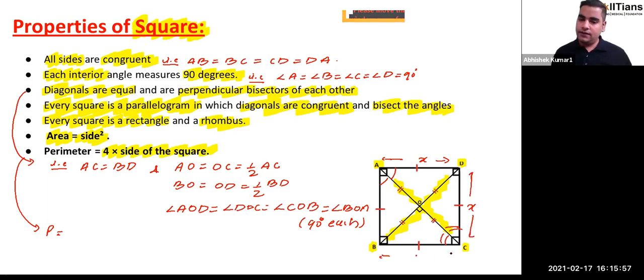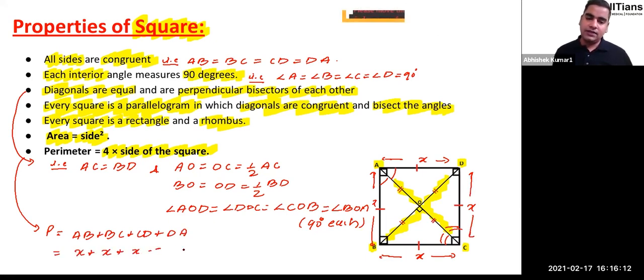Perimeter will be AB plus BC plus CD plus DA. So you will get x plus x plus x plus x, which gives you 4x. That means 4 into side, which gives you the perimeter of any square.